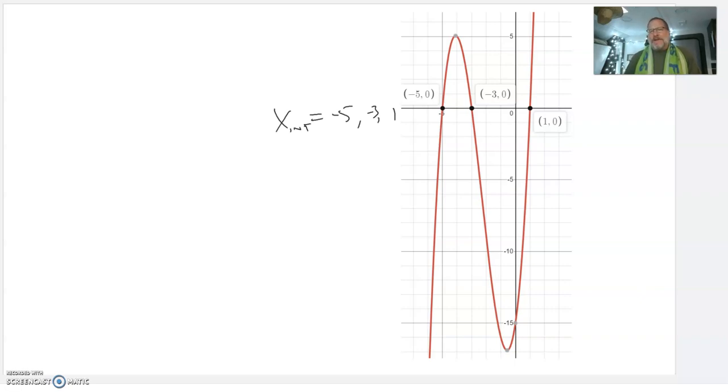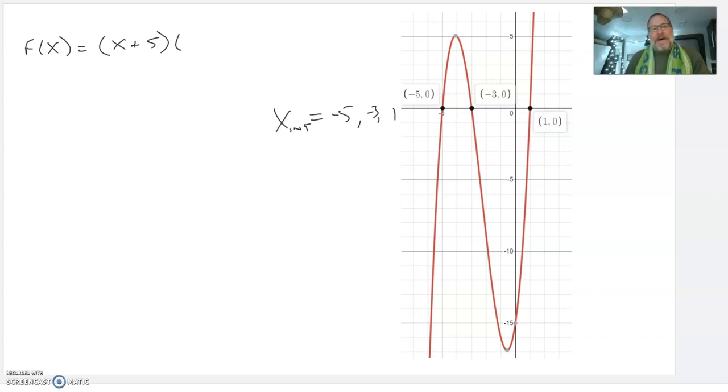If you understand how factored form creates those x-intercepts, you might be able to work backwards. You might be able to guess that this polynomial may have binomials that created those x-intercepts.